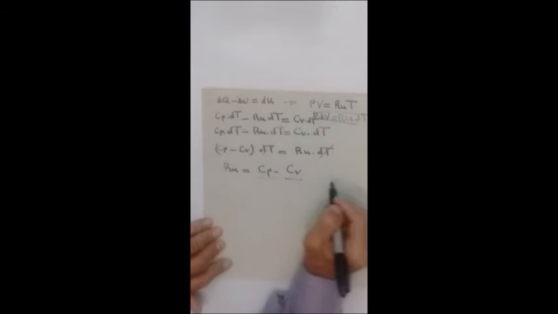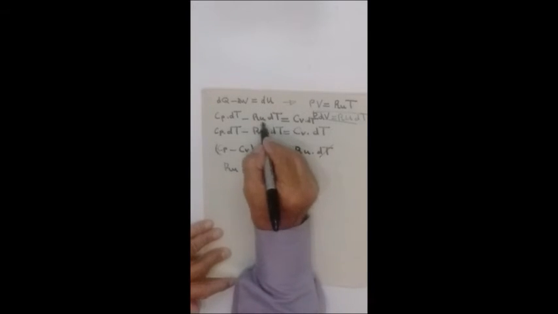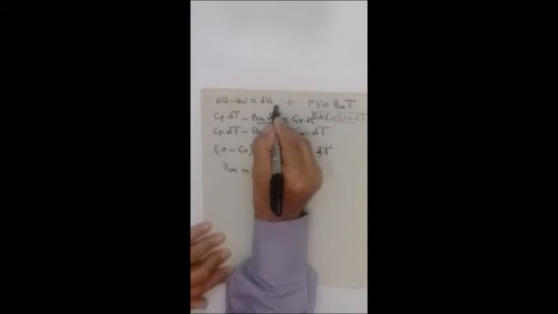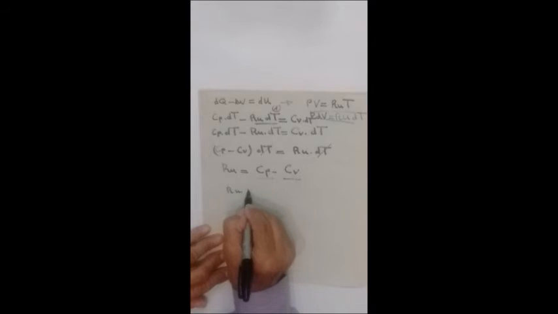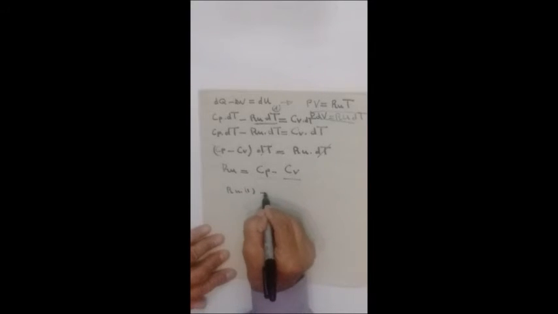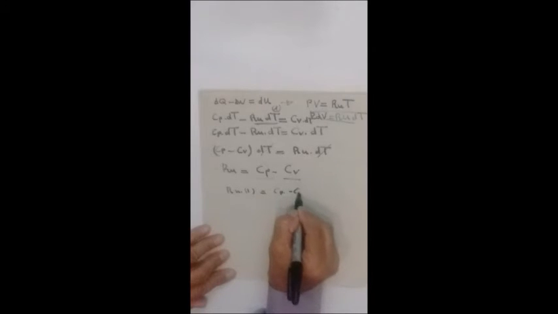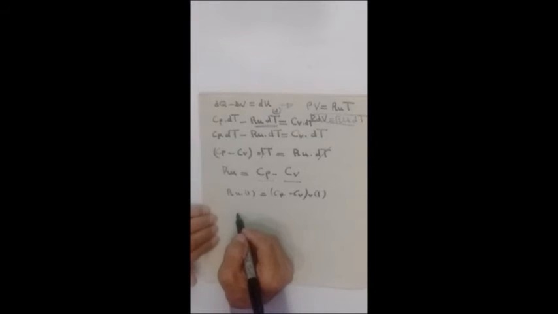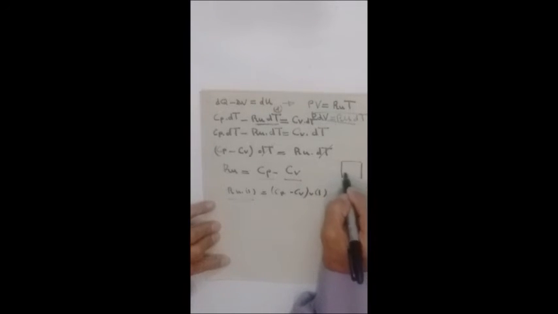Note also that if dT equals 1 degree centigrade, then numerically RU times 1 and also Cp minus Cv times 1, RU, is actually equal to the energy required to compress 1 mole of a fluid with regards to displacement.